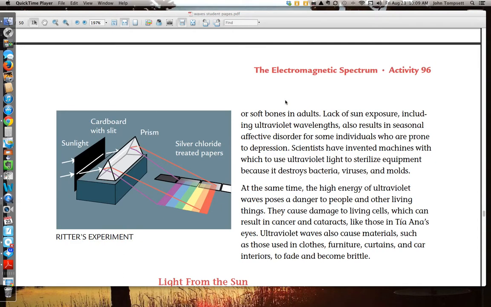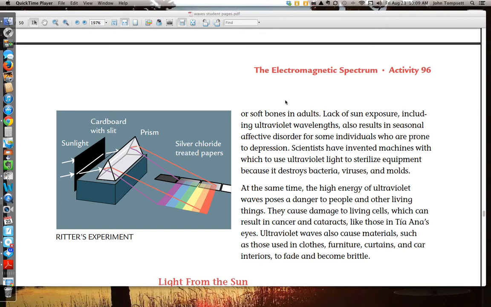Or adults. Lack of sun exposure, including ultraviolet wavelengths, also results in seasonal affective disorder for some individuals who are prone to depression. Scientists have invented machines with which to use ultraviolet light to sterilize equipment because it destroys bacteria, viruses, and molds. At the same time, the high energy of ultraviolet waves poses a danger to people and other living things.